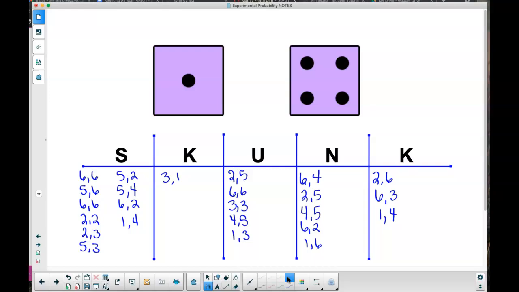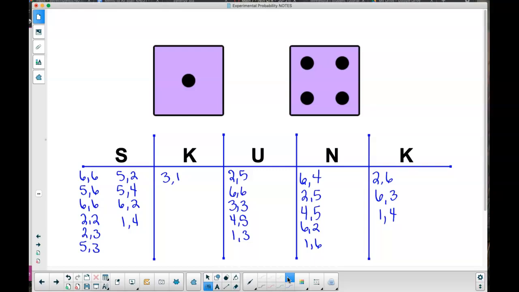Okay, if you had points, add them all up and find out your total score. So take a minute, add them all up. Okay.